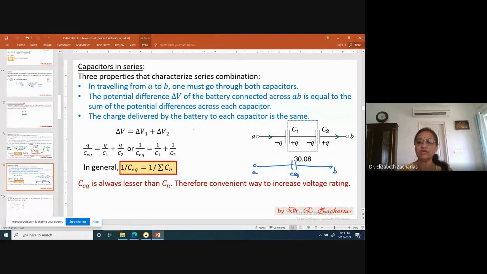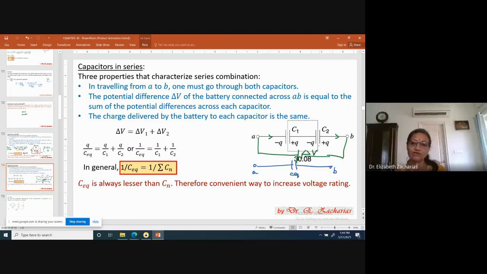The next important thing is, let's say that you have connected a battery which is able to give you a potential difference of delta V. Then what happens is, here voltages are shared. In parallel combination, what was shared?